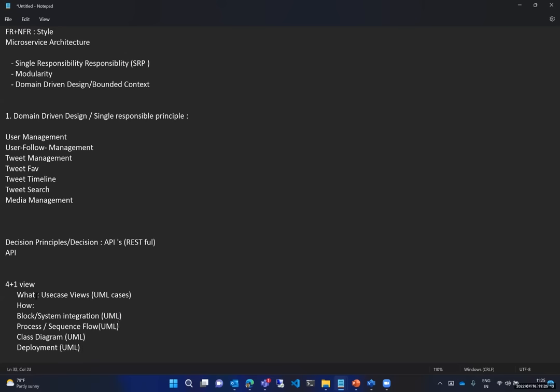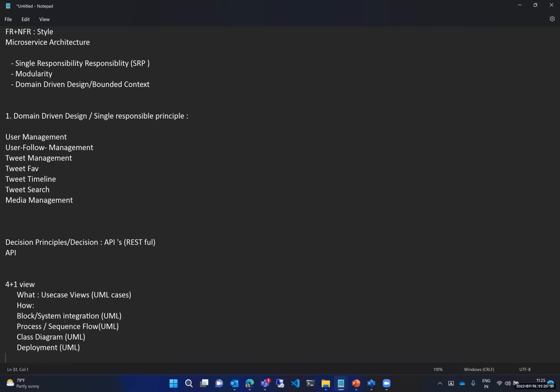What are you achieving? You convey the what by creating use case diagrams. And how are you designing the system? You convey it via your system integration diagrams, sequence diagrams, class and deployment diagrams. This is generally the best practice to represent architectural diagrams.